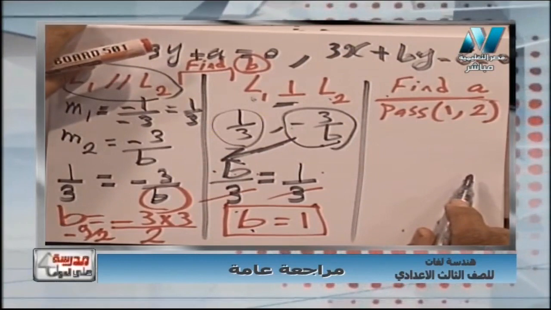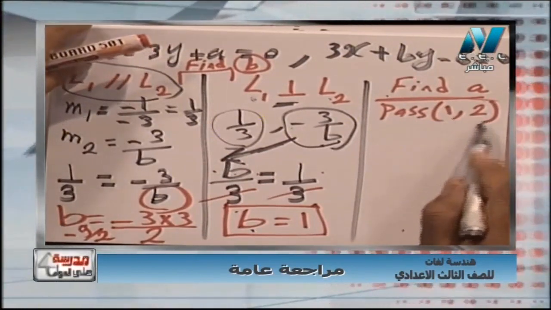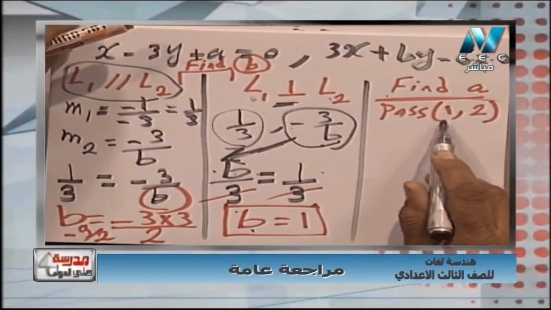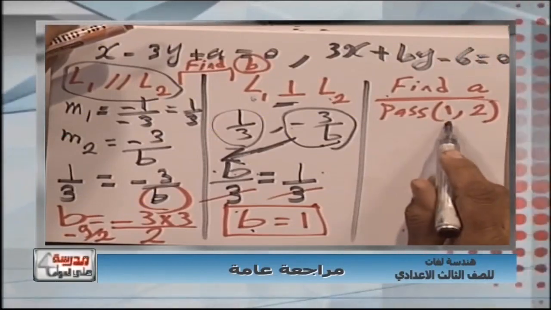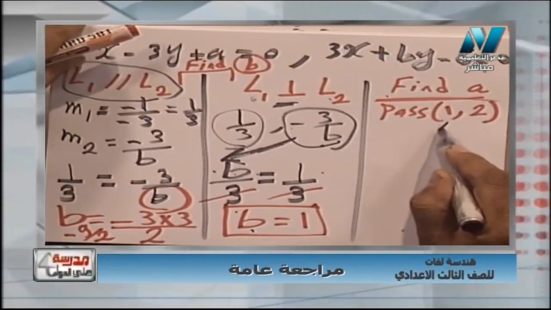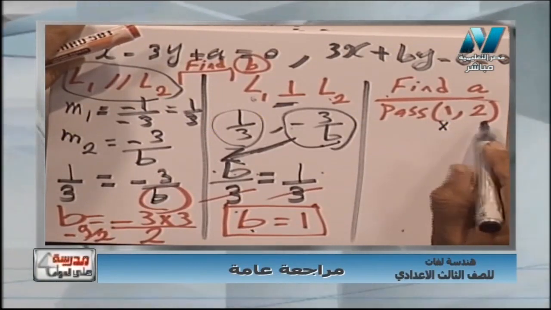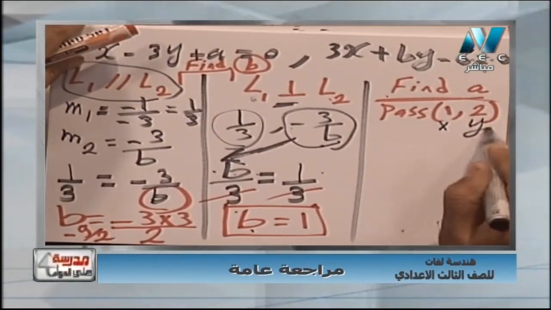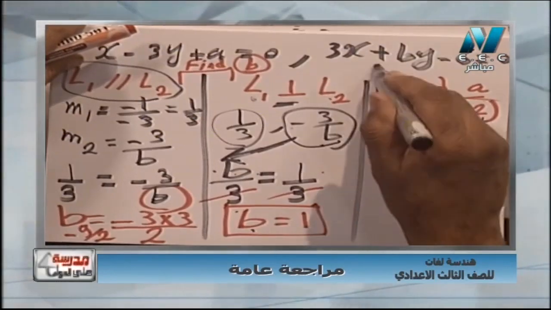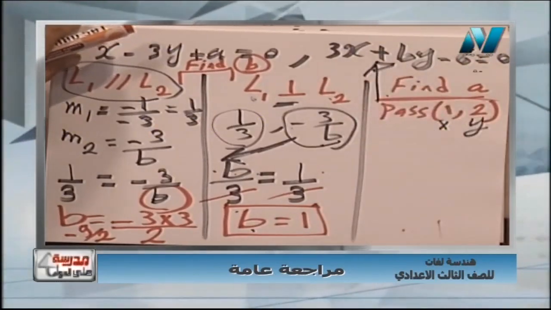The third case: we have point A (1, 2). As you know, the first component belongs to the x coordinate and the second belongs to the y coordinate. So we can use direct substitution.